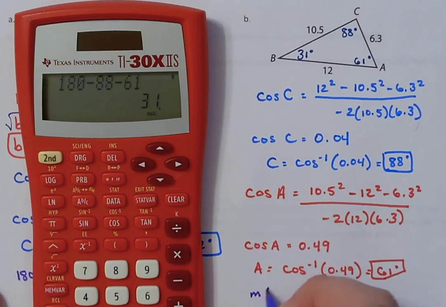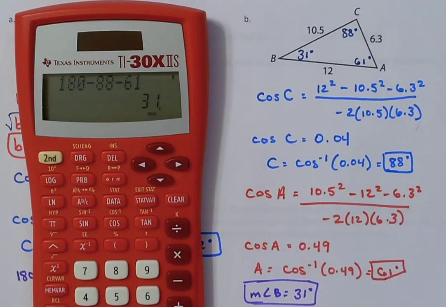The measure of angle B equals 31 degrees. And I have successfully found all 6 parts of this triangle, and most importantly, found all 3 angle measures, and they only told me all 3 side lengths.